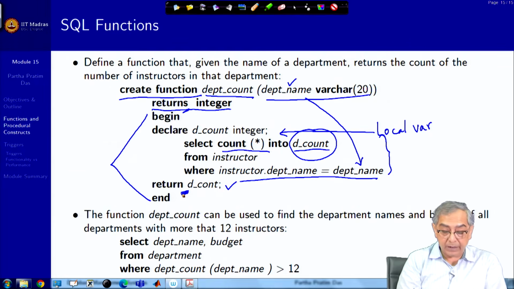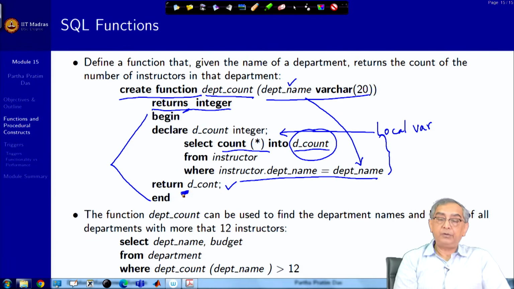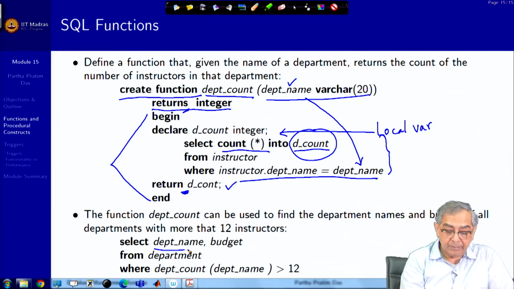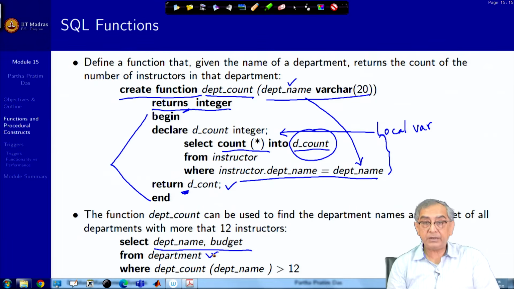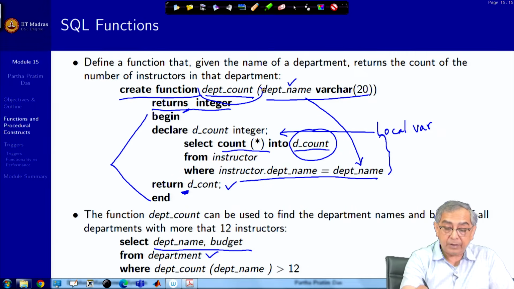So, the way you can use it is, suppose now you want to find out the budget for all departments which have more than 12 instructors. So, department name and budget, that is coming from the department table, which is fine. But how do you write the condition? You are using this dep count function.